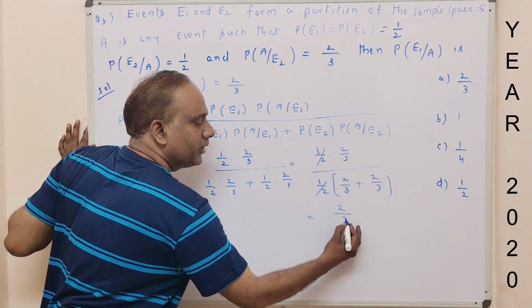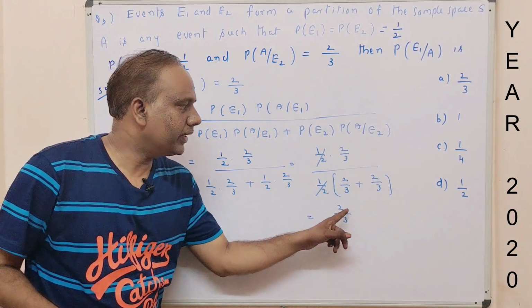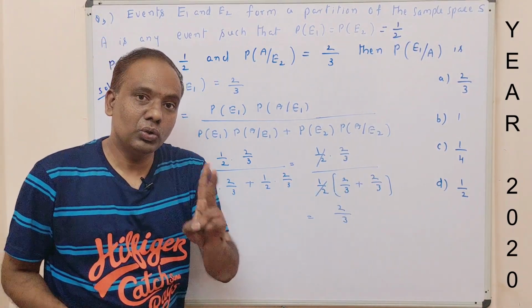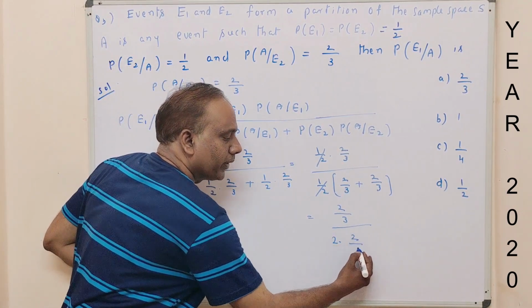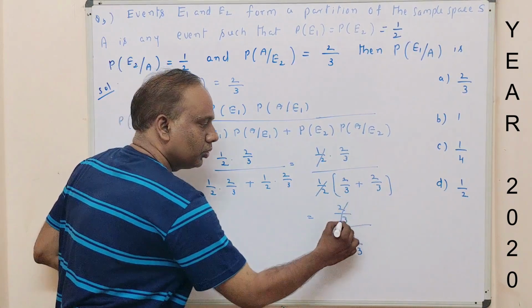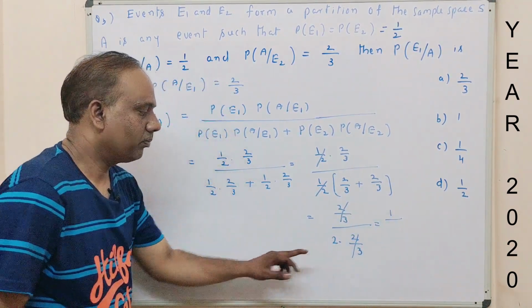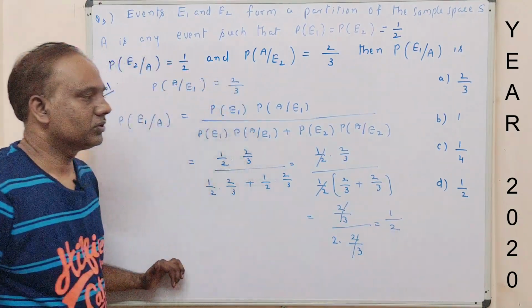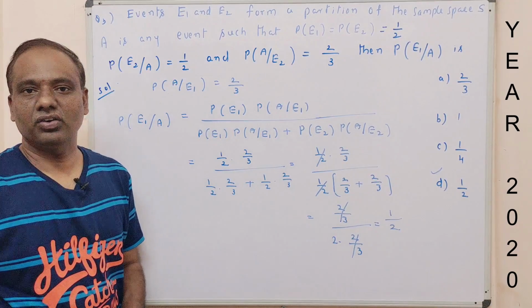Now 2 by 3 by, so here 2 by 3 plus 2 by 3. 2 times, no? 2 times of 2 by 3. Okay. So 2 by 3, 2 by 3 cancel. The remaining is 1 by 2. So here option D is the correct answer.